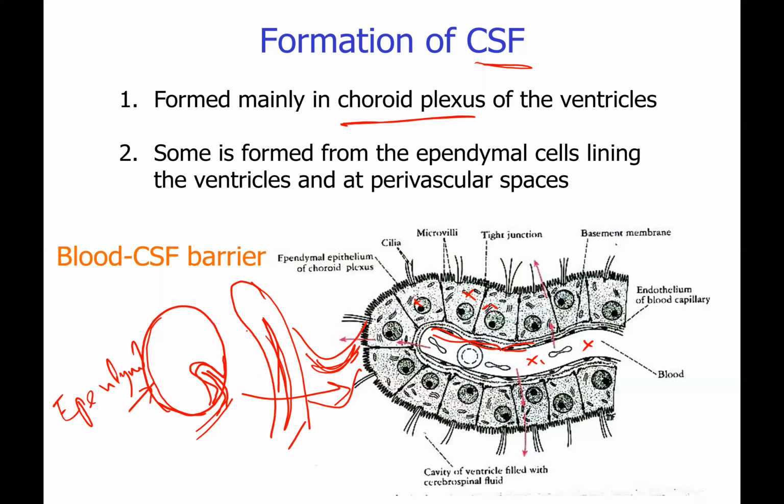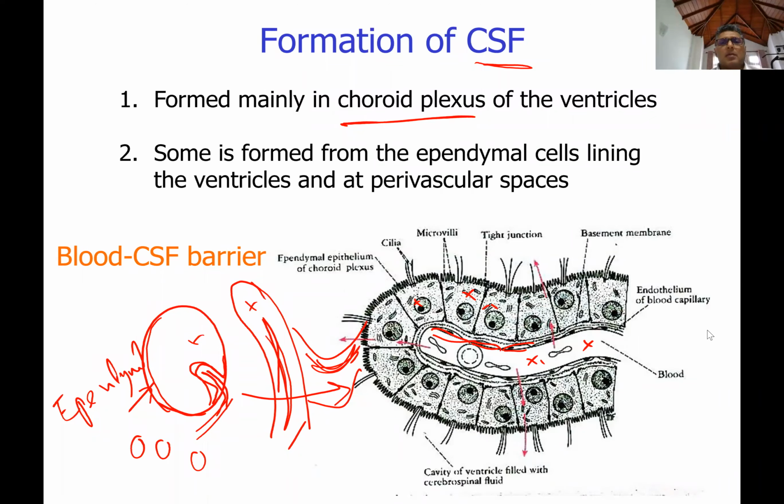And that cerebrospinal fluid gets collected in the ventricles, and comes out from the ventricles through the fourth ventricle, through openings called foramen of Luschka and Magendie. Okay, Luschka, and I'll show you the text. And they enter the subarachnoid space. So that's how you get the cerebrospinal fluid being produced. So that is the one thing.